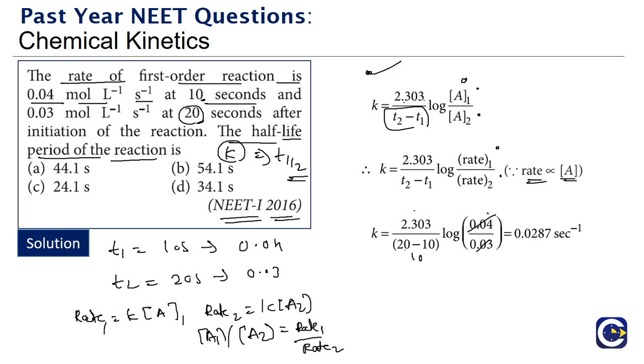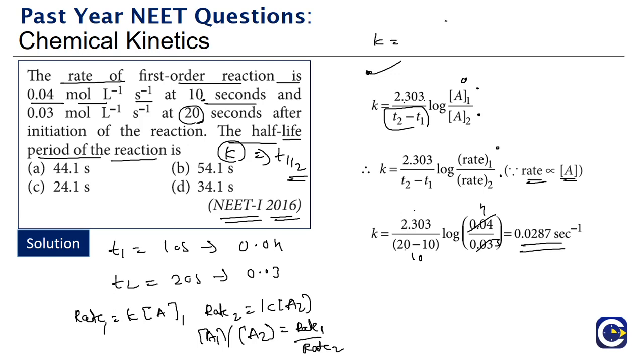On multiplying by 100, we have log of 4 by 3. So on simplification the value of K will be 0.0287 second inverse. Now this does require some amount of calculation, but once we simplify it, we'll get the answer as 0.0287 second inverse.